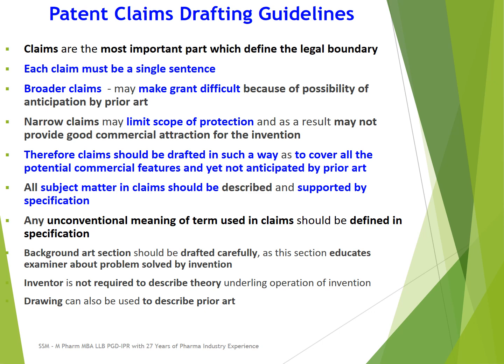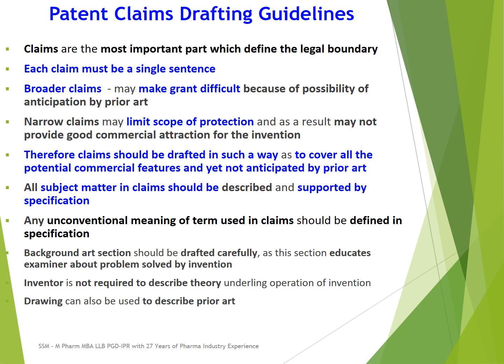And if you draft narrow claims, then they may be granted if not anticipated by references, but they will limit the scope of the protection. So a narrow claim will have narrow scope of protection. They will be covering or protecting a very narrow part of your invention, and as a result may not provide good commercial attraction for the invention.